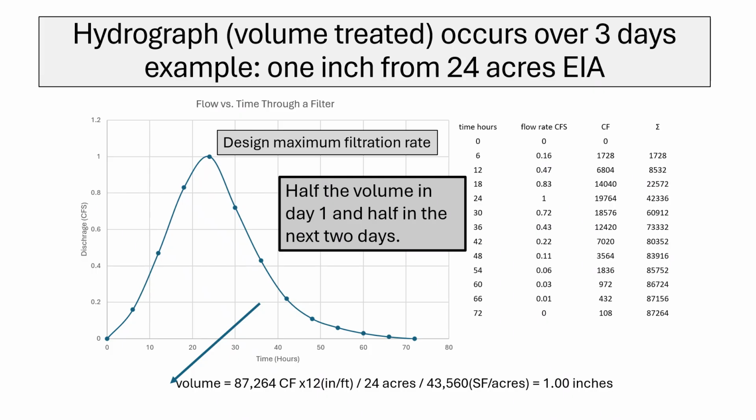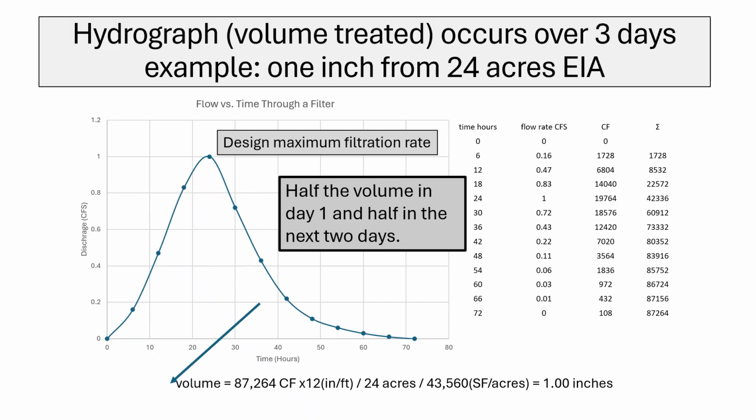The total volume works out to 87,264 cubic feet, and when we convert that through the unit math, multiplying by 12 to convert feet to inches, then dividing by the 24 acres and the 43,560 square feet per acre, we confirm that this equals exactly 1 inch of runoff depth. That unit check is a good way to verify the calculation is set up correctly.